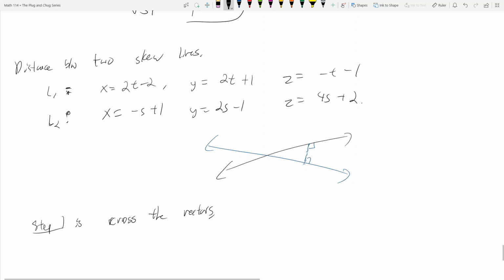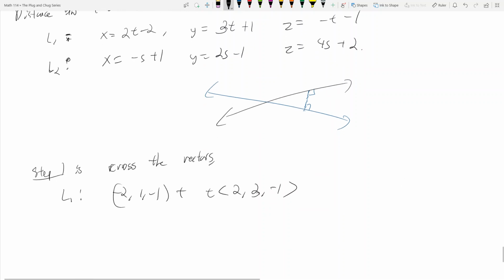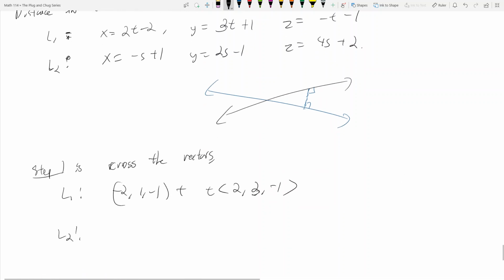So cross the vectors. And so for L1, we have -2, 1, -1 plus t times 2, 2, -1. Or I copied this down wrong. Let's make this a 3. Make the y guy a 3, not the end of the world. Okay. And then for L2, we have 1, -1, 2 plus s times -1, 2, 4.